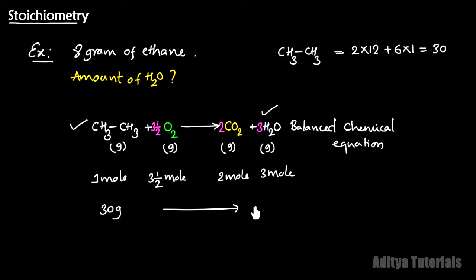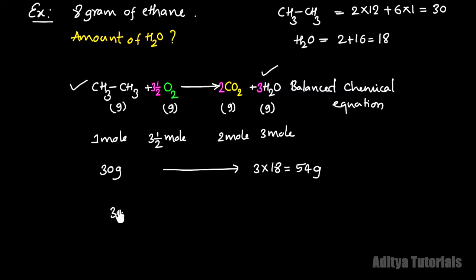Therefore 3 moles of water, H2O, molecular mass of water is 2 plus 16, equal to 18, so 3 into 18 is 54, students. It means that 30 gram of ethane reacts with any amount of oxygen and produces carbon dioxide and 54 gram of water.